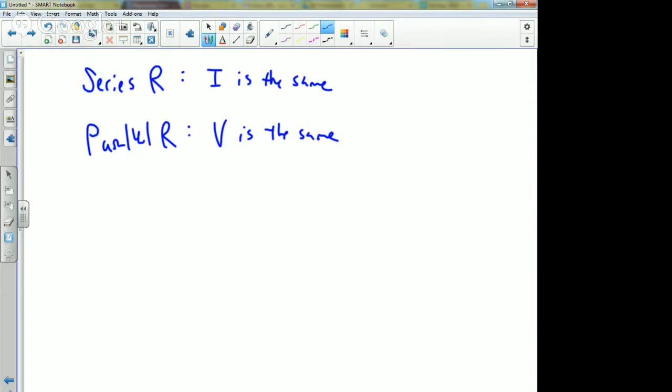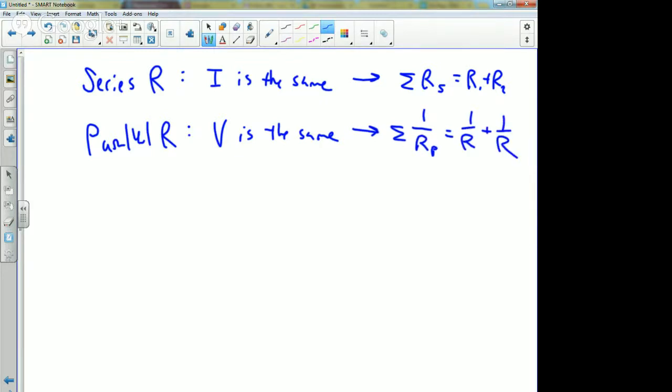Okay, understanding that, and also with series resistors, you guys understand that the total resistance is simply R1 plus R2, etc. On parallel, the total resistance is equal to 1 over R plus 1 over R. Okay. That's just the very, very basic rules.